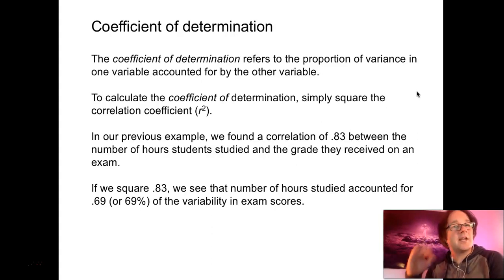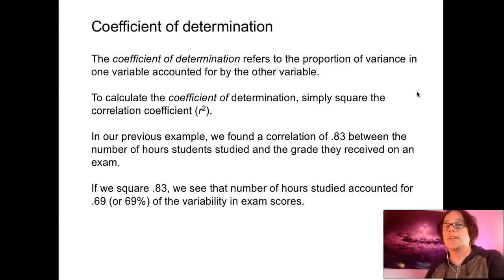That means 69% of the differences in exam scores that we saw can be attributed to the differences in the number of hours that students studied. So the number of hours students study is accounting for, it's explaining a lot of the differences we're seeing in exam scores. Not all of it, right? But a lot. There's still 31% missing here.